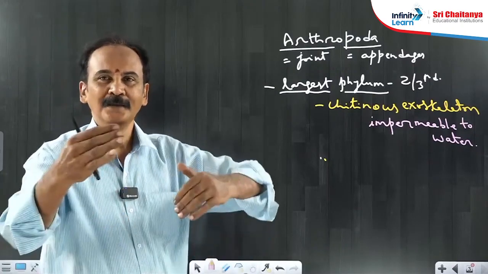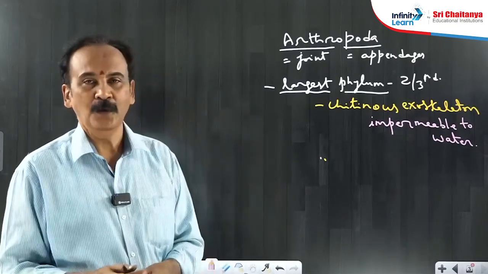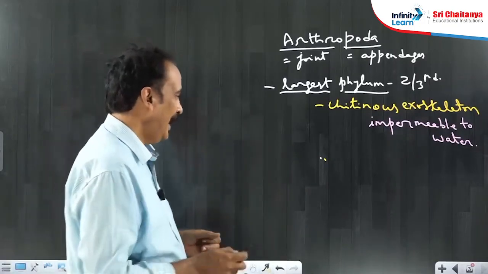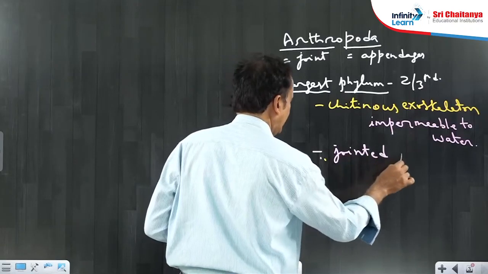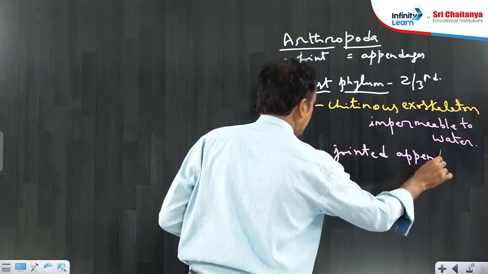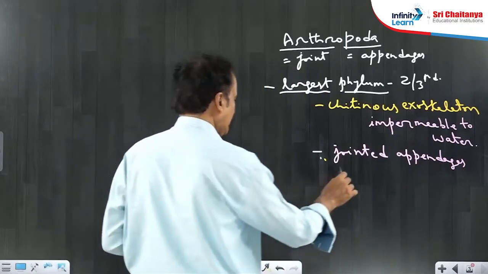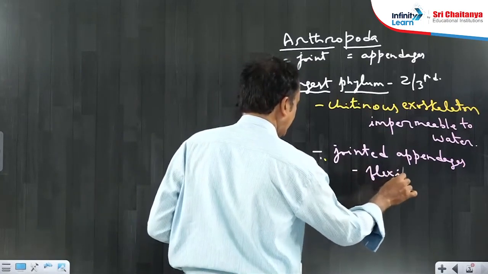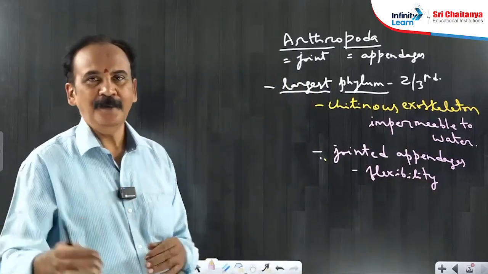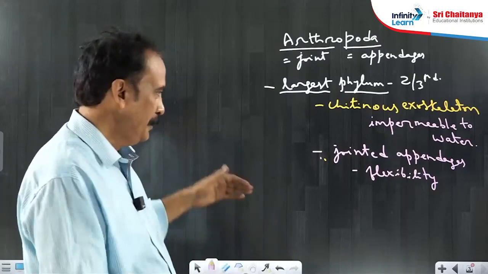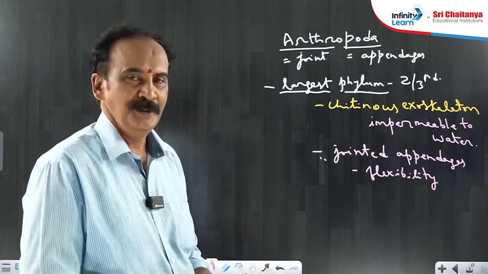Naturally, organisms can survive in any kind of habitat because they are not going to lose body water. That's one reason. Another reason is jointed appendages. Jointed appendages provide flexibility. Organisms remain quite flexible and are able to escape easily from predators, and they are able to carry out locomotion much faster because of jointed appendages. These are the main reasons.